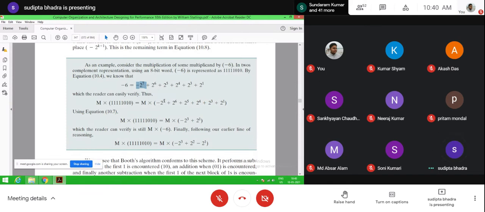Now this multiplier can be represented, please follow the highlighted part, by this k. What is the value of k? K is here, k plus 1, minus 2 to the power 3 plus 2 to the power 1.